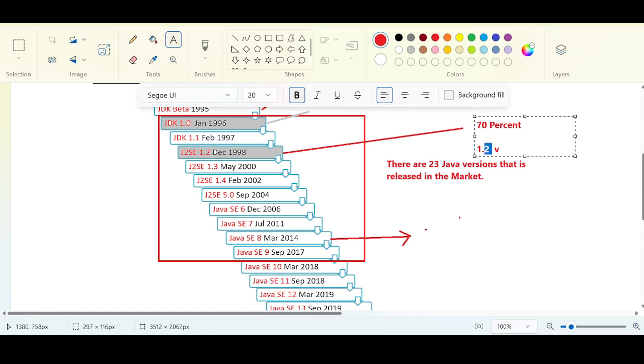So they thought, let us keep this 2 in every version, because most of Java was introduced in JDK 1.2. So they started saying J2SE. This is the significance of 2.